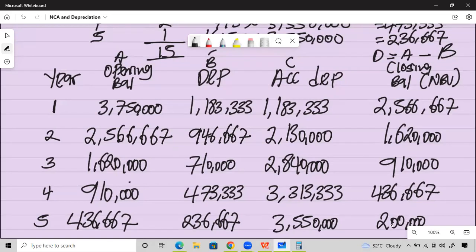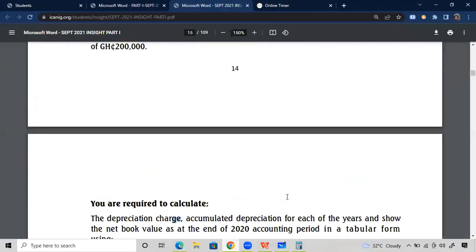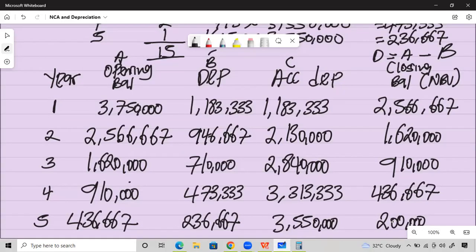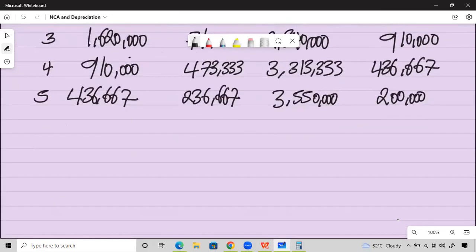This closing balance must be the same with what is here. Look at this 200,000. This is your closing balance of 200,000 in your depreciation schedule, which is what we call the depreciation schedule. It must be the same. So you can see now that we are also having 200,000 as well at the end of the useful life of this asset. Let's say we are doing this on straight line. This is the straight line method.